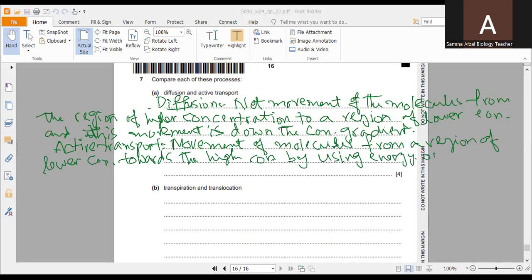This movement is against the concentration gradient.